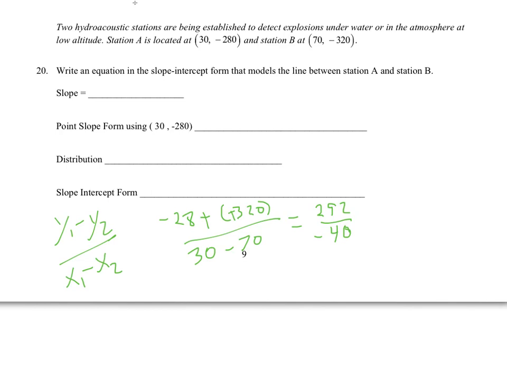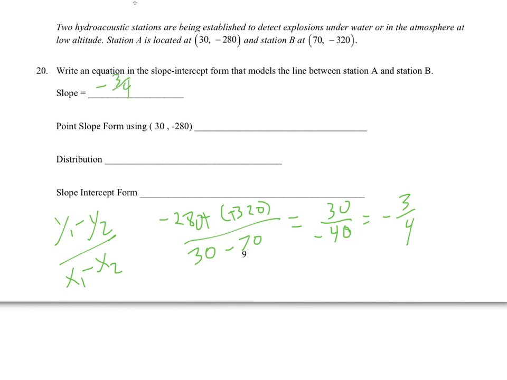Simplify that. Make sure I did this right. Oh, it should be 280. So negative 280 plus 320 would leave us with 30, which would simplify to negative 3/4. So that is my slope.